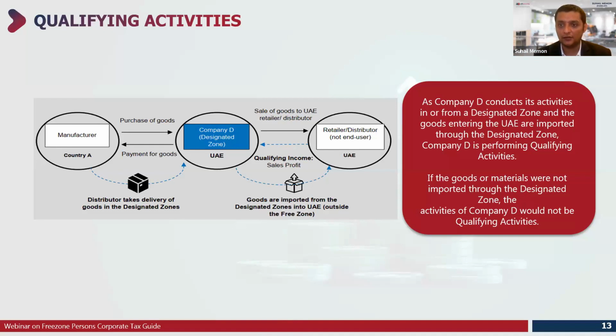Now we need to take care of this. It means that you need to do a B2B sale. This is again a qualifying activity because the activity has been done from a designated free zone. I've purchased the goods from another country, brought the goods into a designated zone and sold the goods in UAE. But still, it would be a qualifying activity. Next, please.